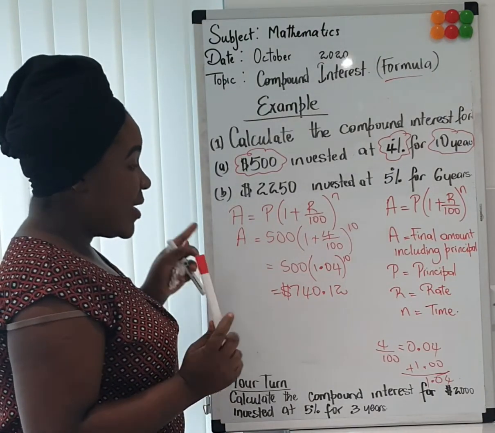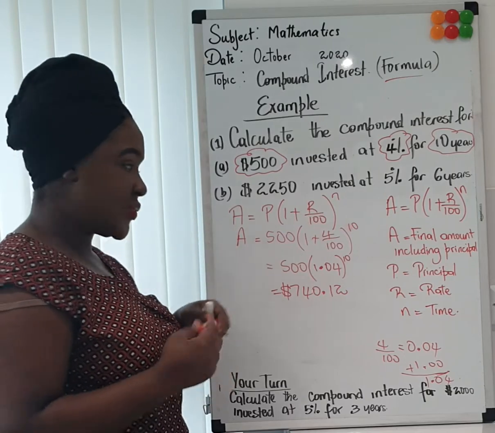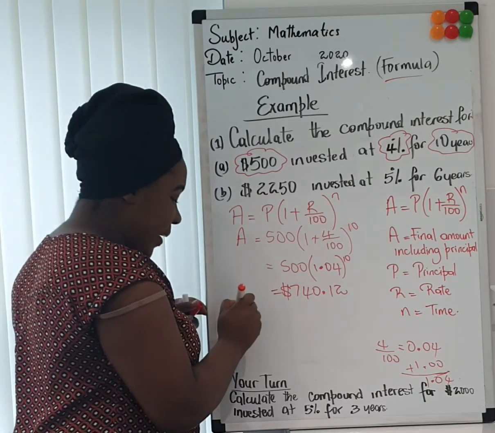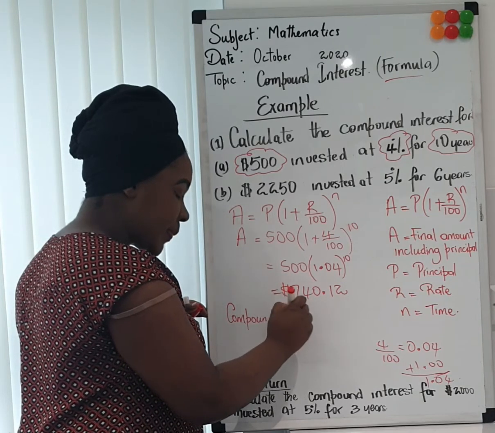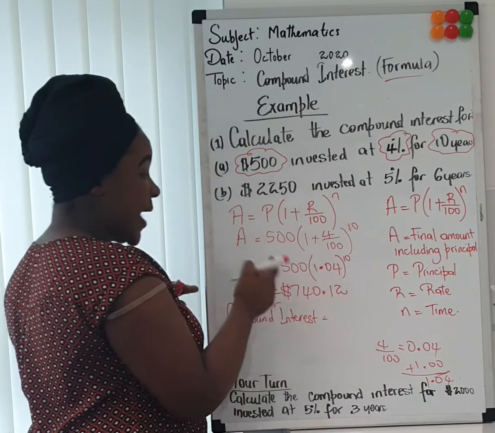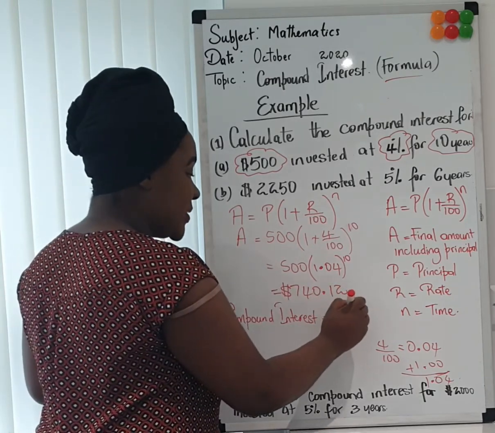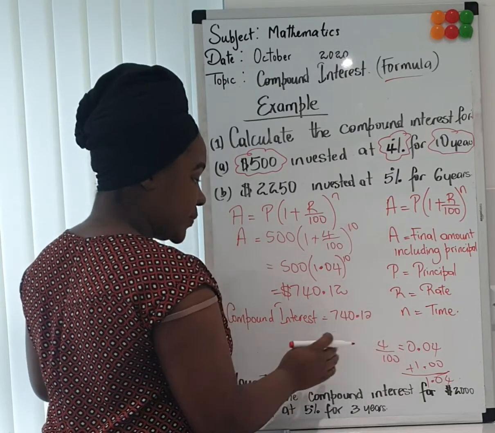However, they ask us for the compound interest. So if you're going to find the compound interest, you're going to take from the 740 that you have at the end of the year.